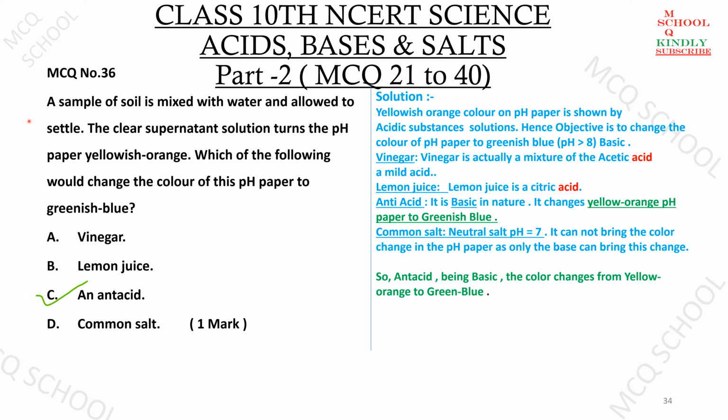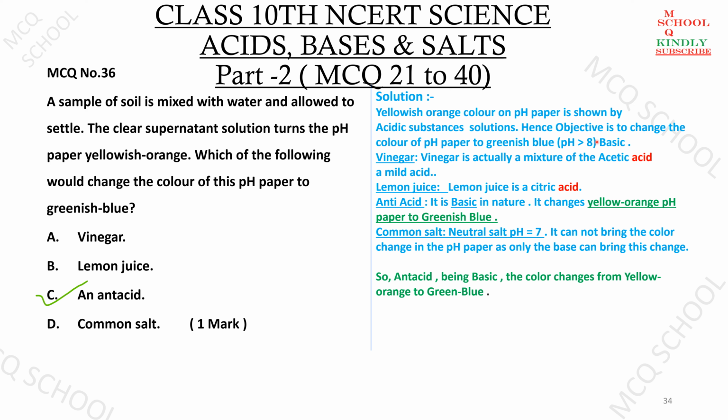From the question we understand that when the clear supernatant solution of the soil sample mixed with water was tested, the paper was yellow orange. That means the soil is acidic in nature.